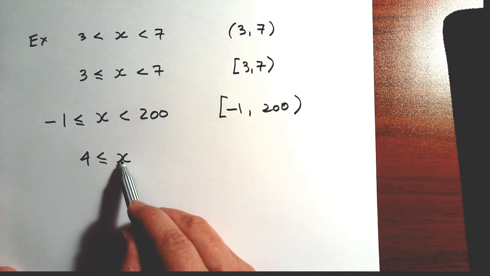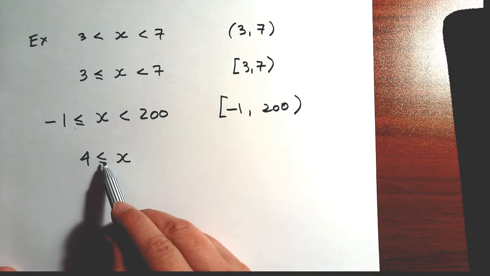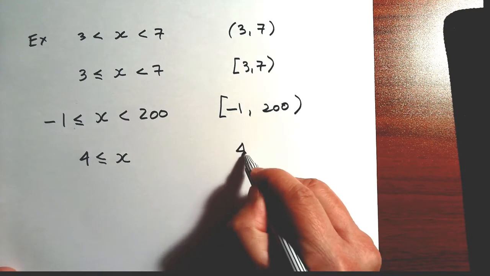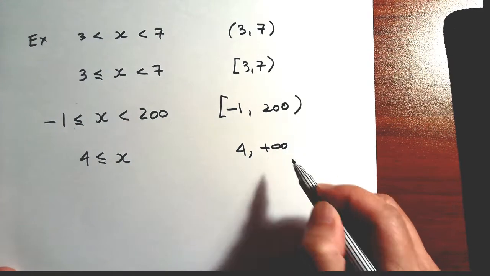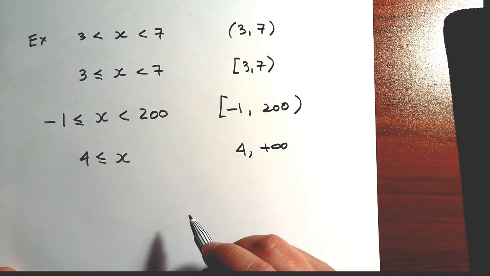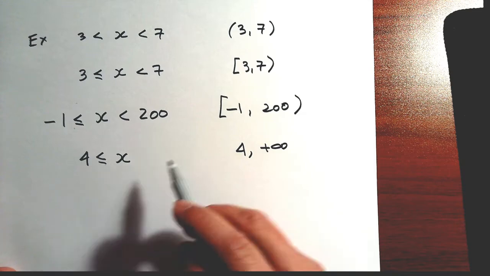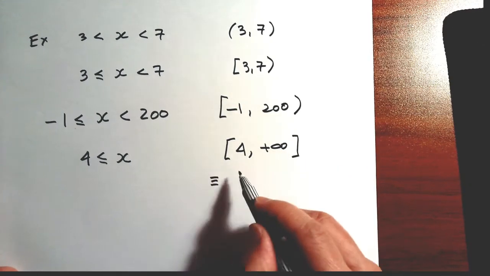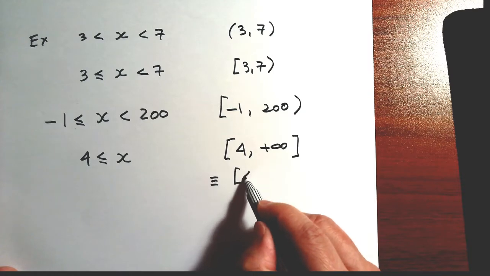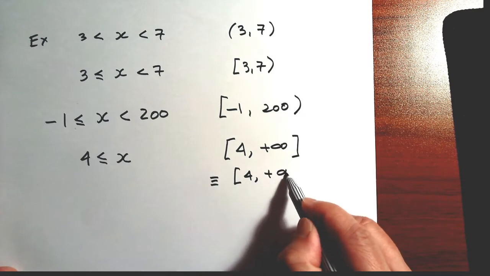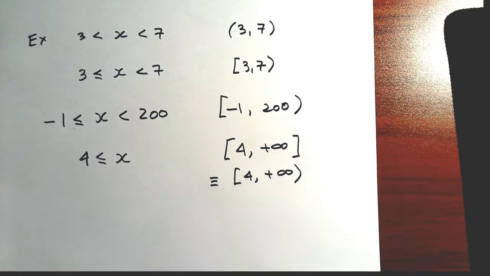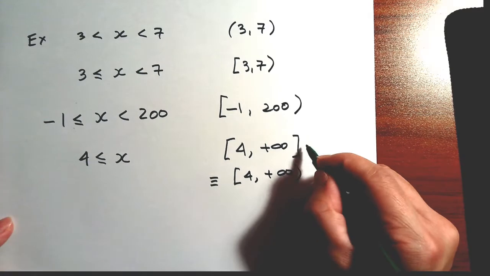It's the same as saying x is 4, 5, 6, 7. So basically, you're starting from 4 and you're going to positive infinity, and it is inclusive, so you can do it in square brackets. It's equivalent to this. By convention, we do it this way. This is the convention.